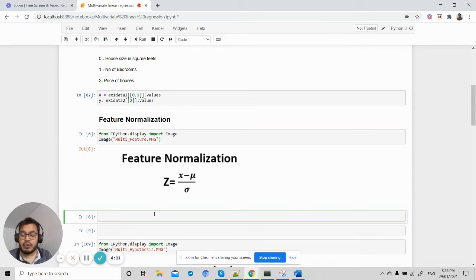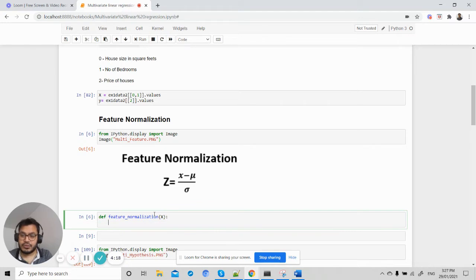So let's write the code for our feature normalization. The function's parameter will be x. We need to calculate mu and standard deviation.